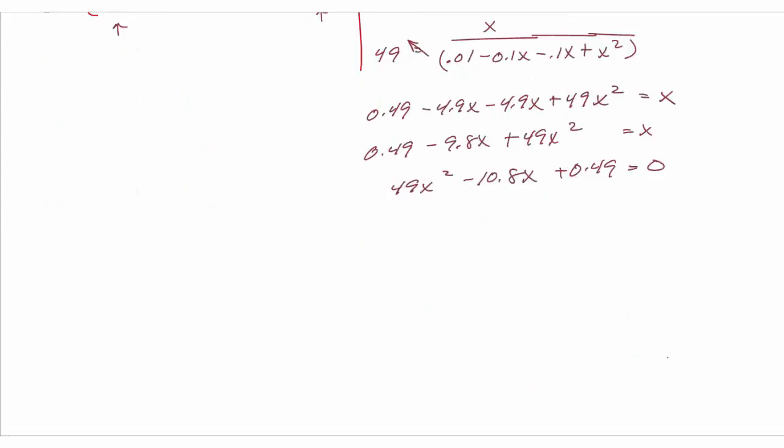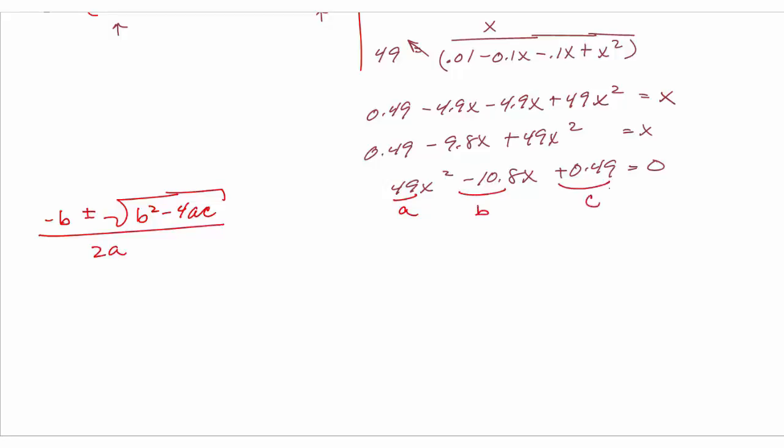Okay, now I can substitute into my quadratic expression, right? Remember, that's just negative b plus or minus the square root b squared minus 4ac all over 2a. So there's my A, there's my B, there's my C.